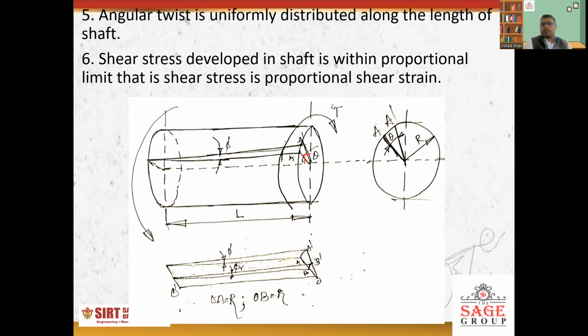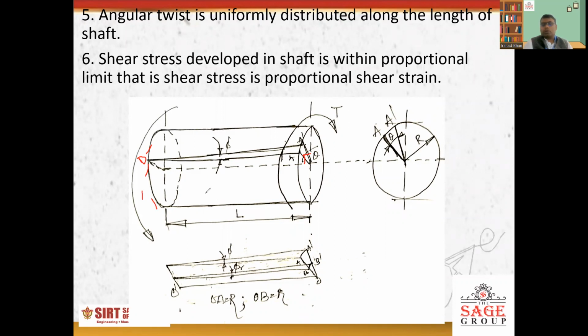If you subject a torque in the clockwise direction at the right side, and suppose this side is fixed, what happens actually? The element OA turns by angle theta and reaches a new position, OA dash, and along the length it also makes an angle phi, and that phi is very small.